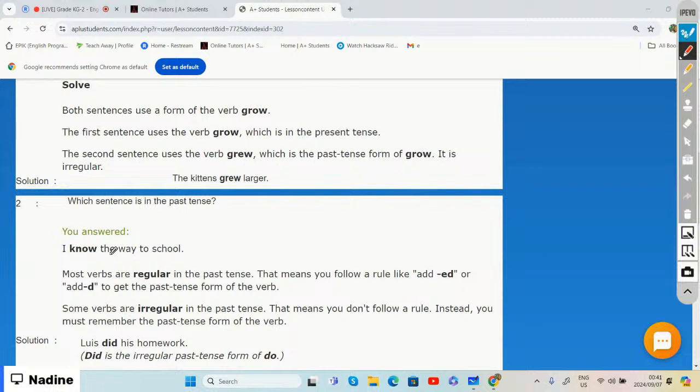It says, I know the way to school. What is our irregular past tense of the word know? I know the way to school.